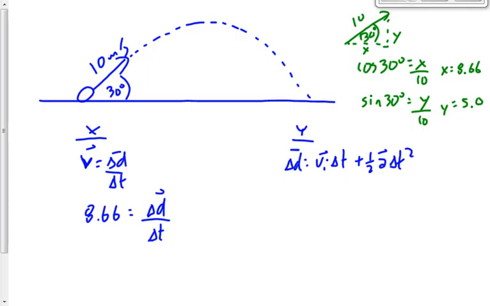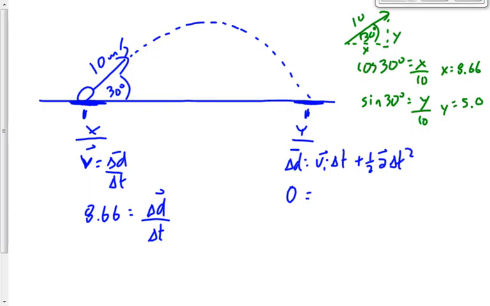Yep. It starts here. Where does it end? Vertically? Right here. It ends up at the same height that it started with. Now, d for the x component isn't 0 because it goes from here to here. But for the y component, it's 0 because it starts here and it ends here. So we're going to say d is equal to 0. That makes life a lot easier for us.